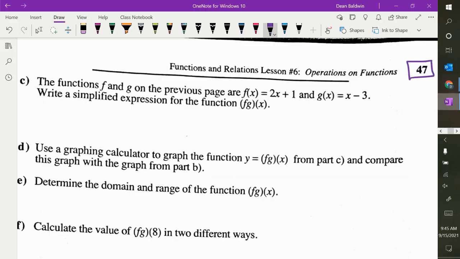Okay, now we're going to do fg of x. What does that mean? We're multiplying, so this means f of x times g of x. Okay? So f of x is 2x plus 1. G of x is x minus 3. What do I do?